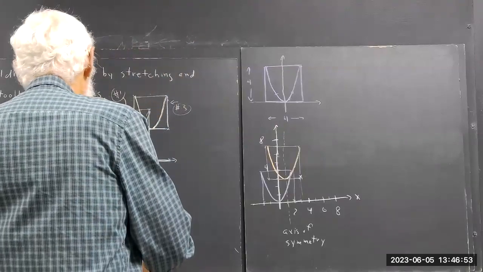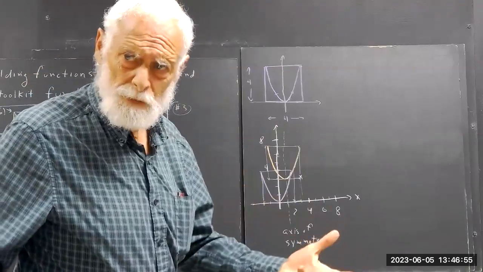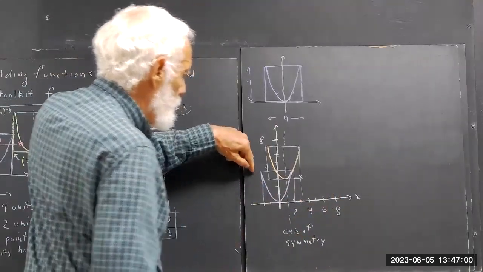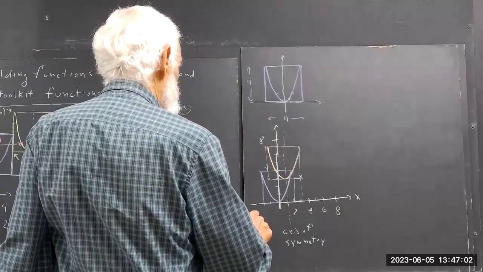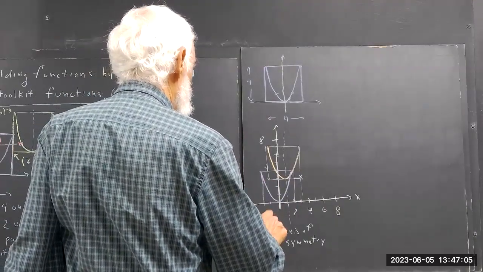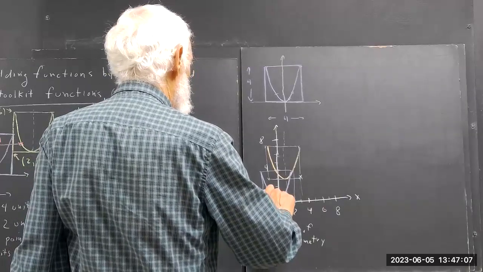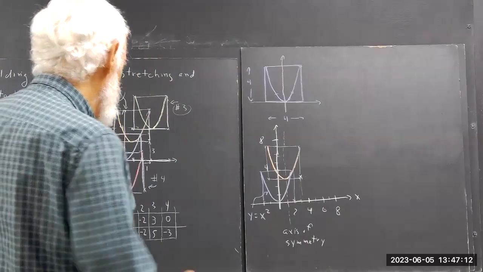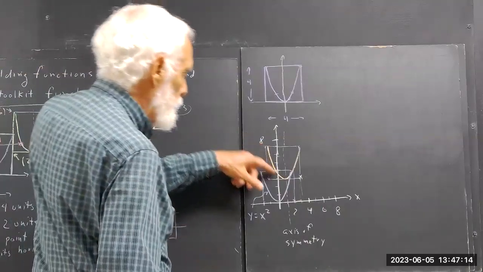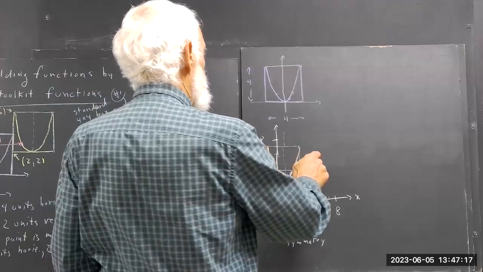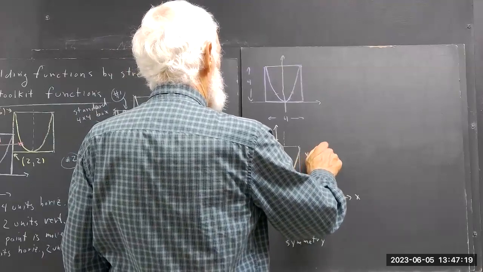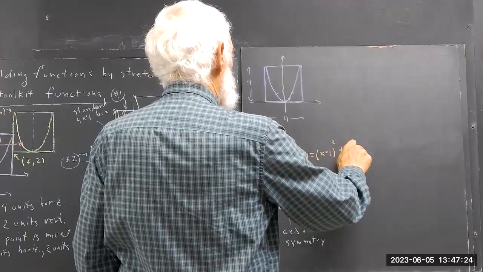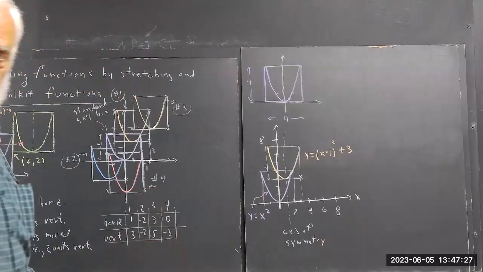Well, I want to talk just a little bit about a simple symbolic expression. Now this graph is the graph of y equals x squared. I'm going to claim that this graph is the graph of y equals (x minus 1) squared plus 3.